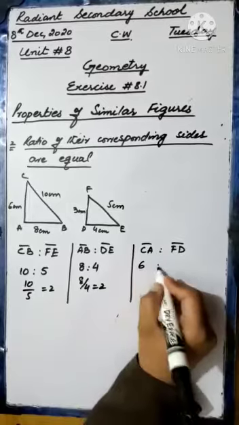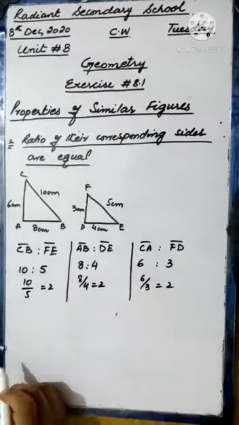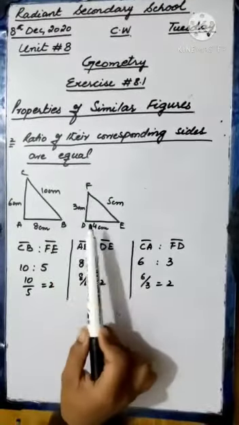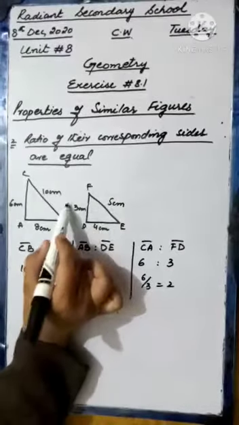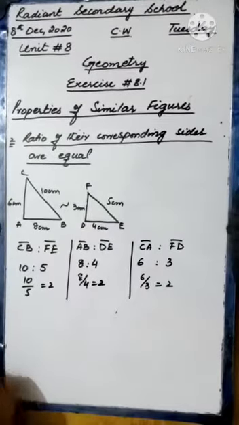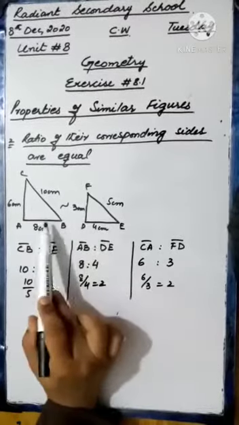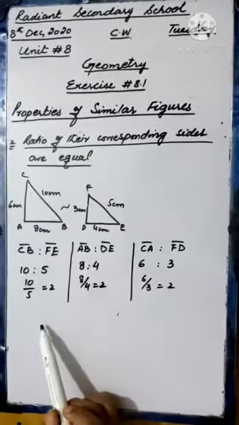Now it will be 6:3. That will also be equal to 2. So now we can say that the ratio of their corresponding sides are equal. So the figures are similar, right? And vice versa means if we are given similar figures, we can say that the ratio of their corresponding sides are also equal.